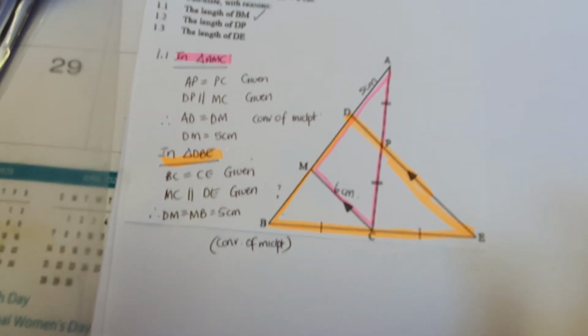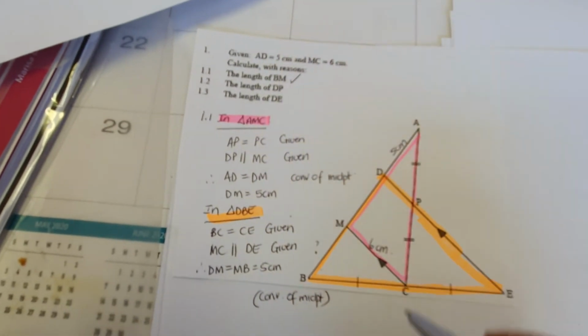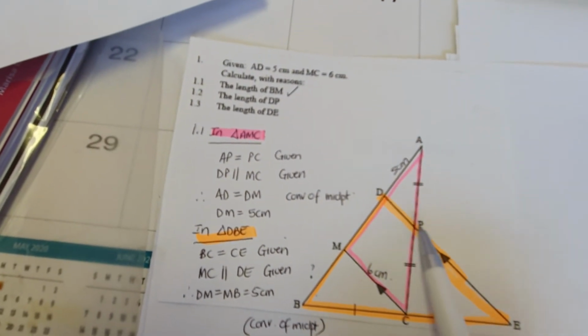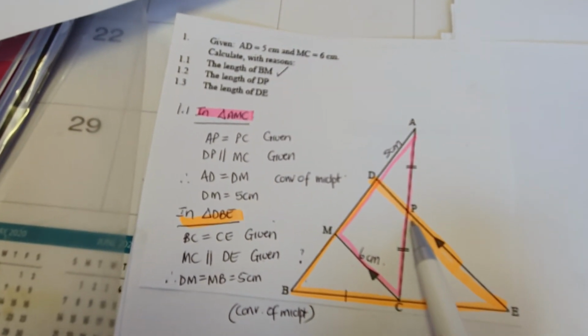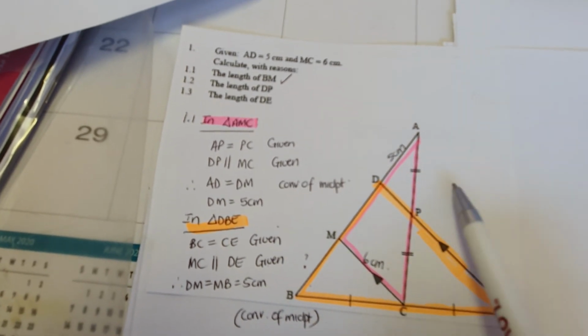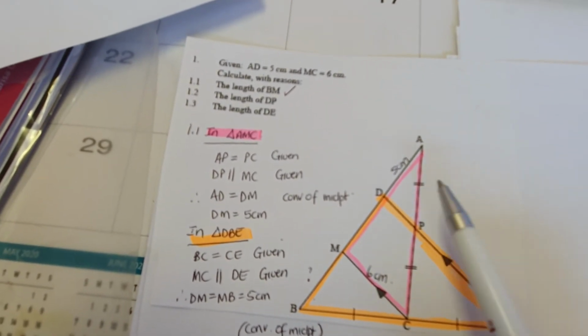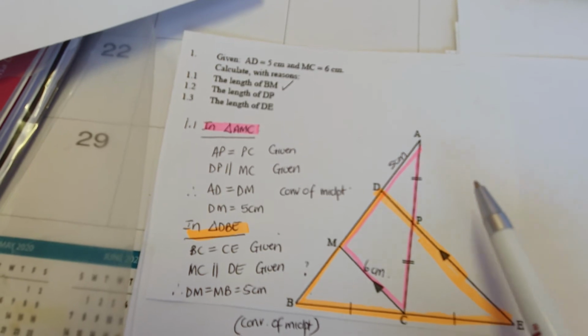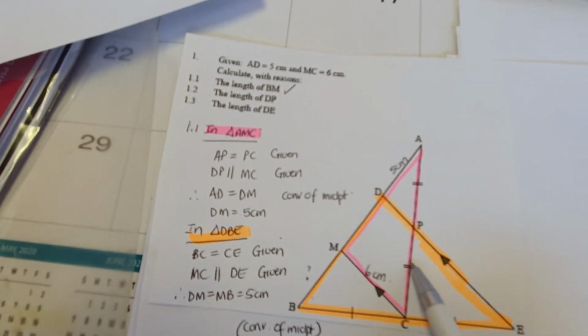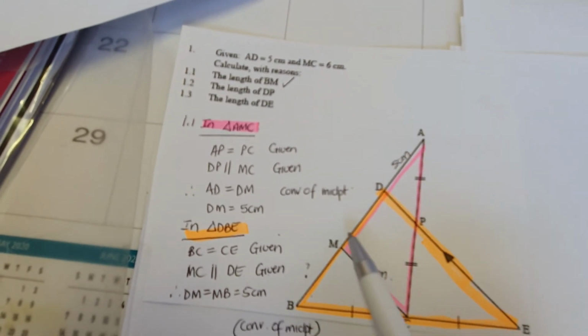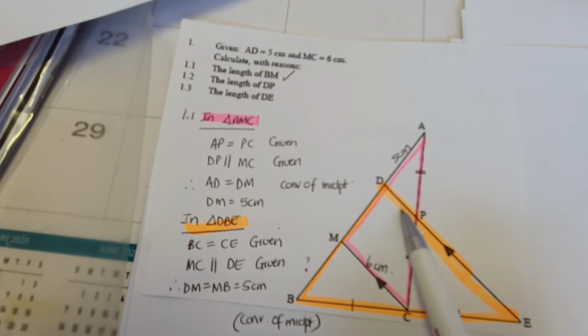Okay, the next question says to you, find the length of DP. Well, if you look at the pink triangle, and if you remember what the midpoint said, that if that's equal to that, and we've proven that that's equal to that, then it makes that half the length of that.